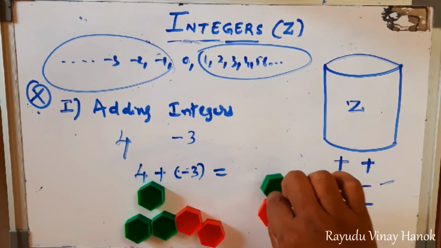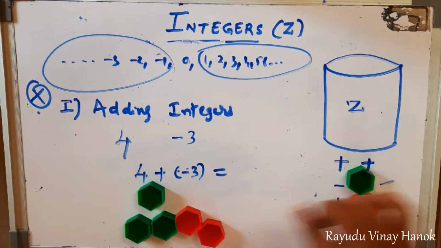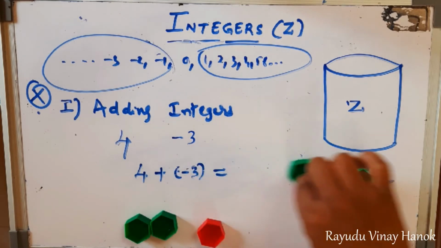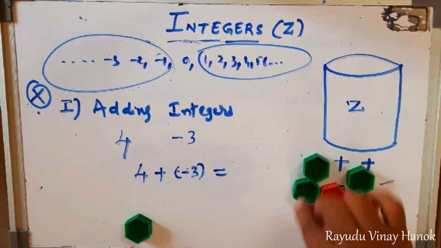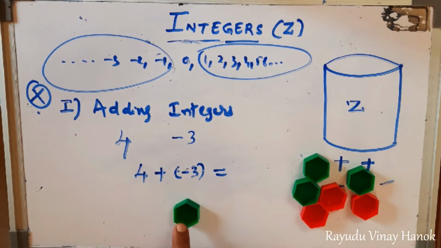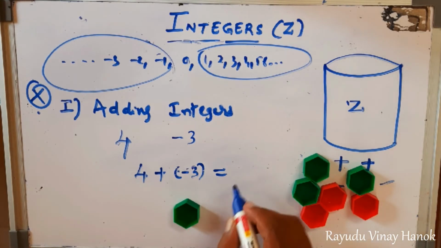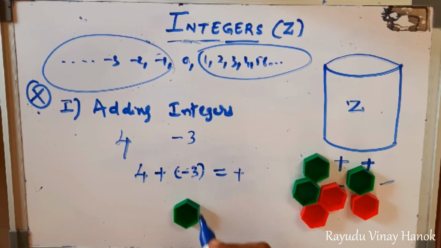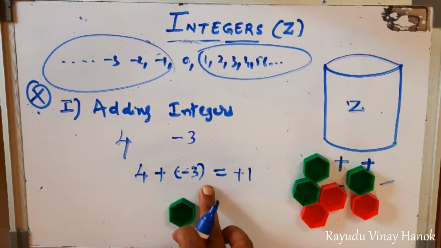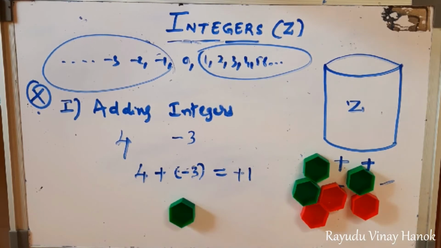They become 0. They vanish. They disappear like this. So what are we left with? One green one. Green indicates plus number. So our answer is plus. How many are there? Plus 1. So 4 plus minus 3 is equal to plus 1.